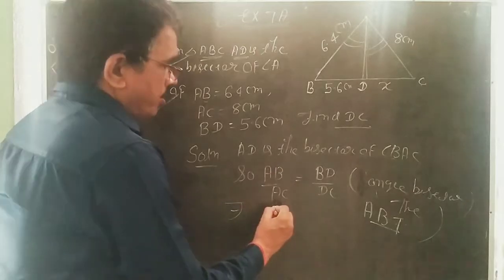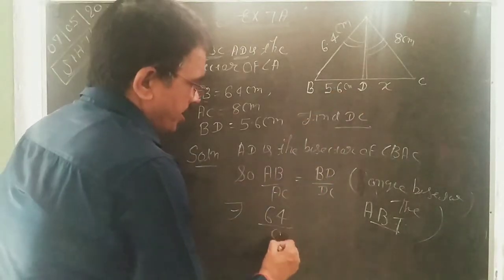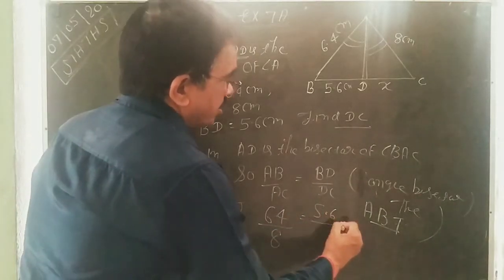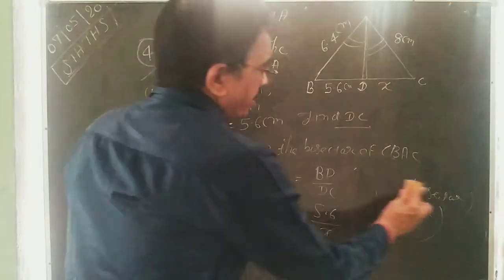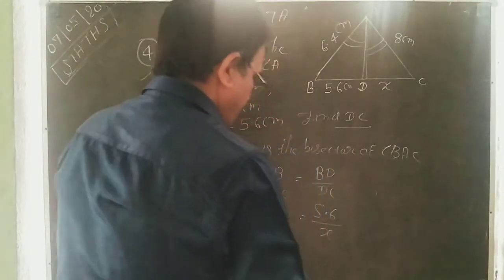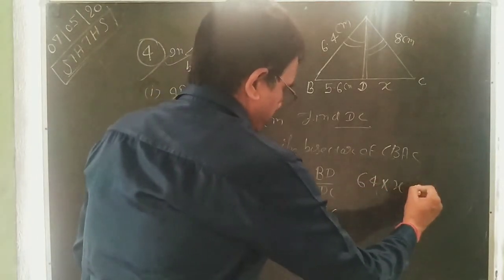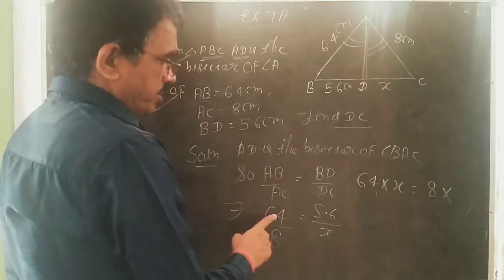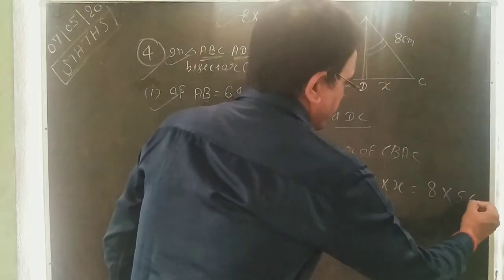That is AB is equal to 6.4, AC is equal to 8, BD is equal to 5.6, and DC is X. So what you get here? You get 6.4 into X is equal to 8 into 5.6.